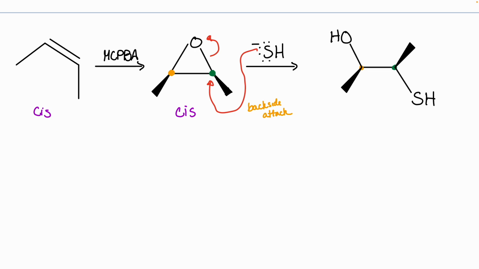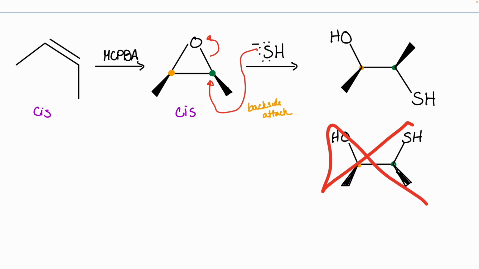Now let me show you a very common error that people make, and it's just not the same structure. If I instead were to say my oxygen is on my orange carbon, and my sulfur is on my green carbon, but I draw them both on the same side, and I keep my wedge, keep my wedge, this is not the same molecule.